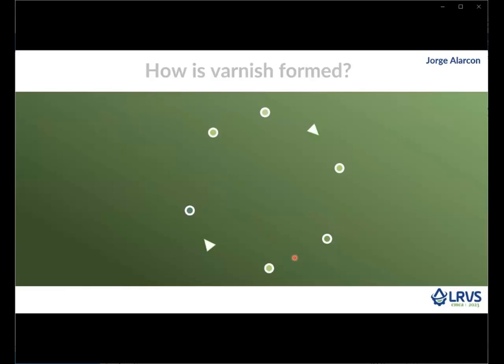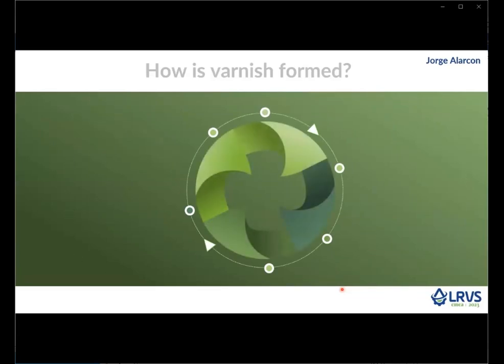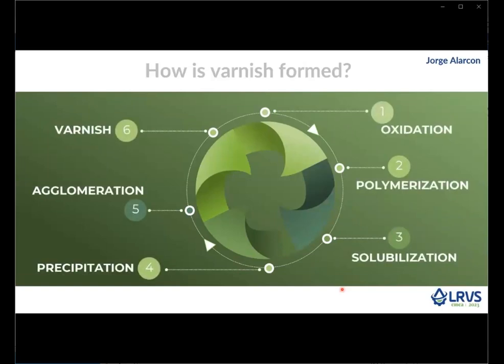So how does varnish form? Because we've been talking about varnish a lot these days. There are a lot of varnish problems, especially in turbo compressor equipment. There are a couple of steps we need to understand in how varnish is created in the system. The first step is oxidation. If we have oxidation, the fluid can potentially create varnish, mainly with certain types of fluids like turbine, compressor, and hydraulic fluids.